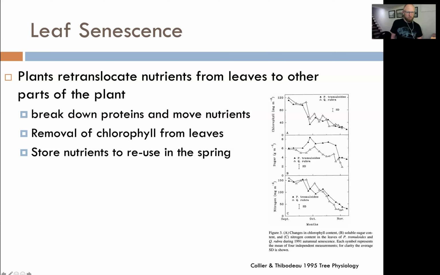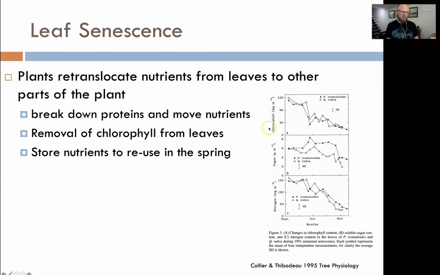If we look at this figure, on the x-axis we have time, from September through around November 15th, when the study stopped. There are just two species here: Populus tremuloides are the black triangles, and Quercus rubra, or red oak, are the open triangles.